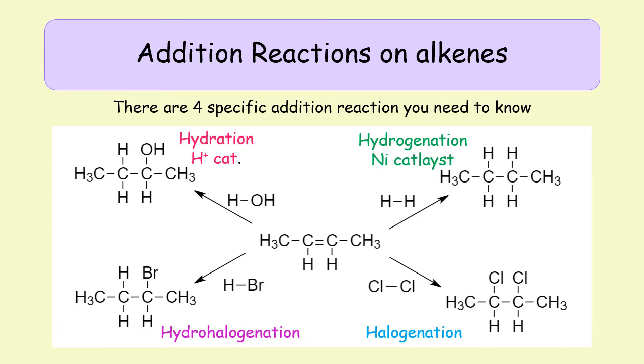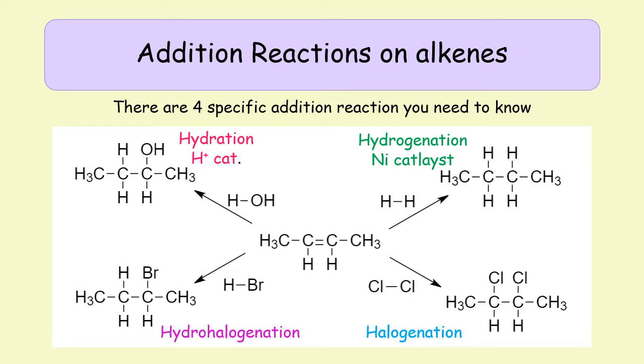Now you're more used to seeing that with bromine, and that is your test for unsaturation. Bromine would react with an alkene and go from orange to colourless. That is because the halogen, bromine, chlorine, iodine, or fluorine, adds across the double bond. Again, this is going to be a mechanism you need to know.